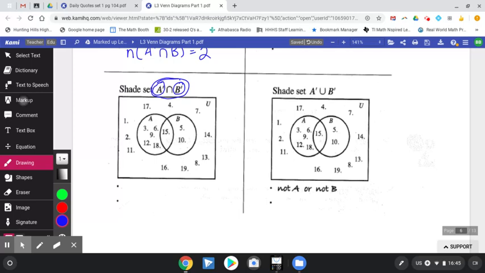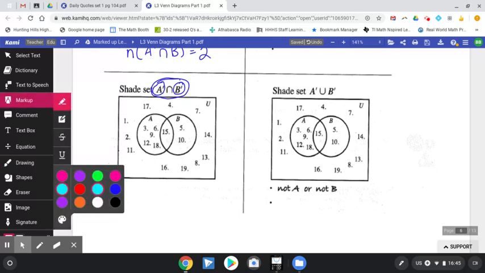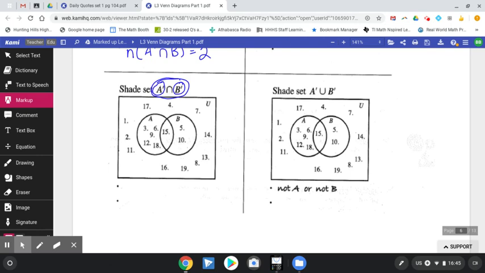Okay, so let's give this a try again. I will start with not A. That's everything that is not in the A circle. So there's our first region.